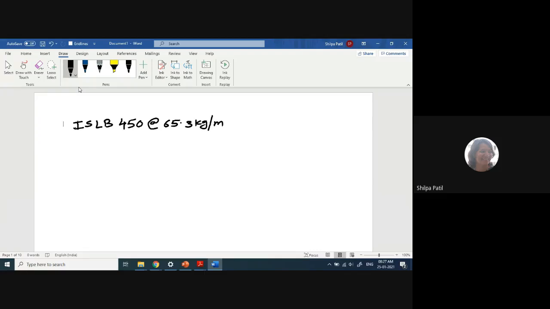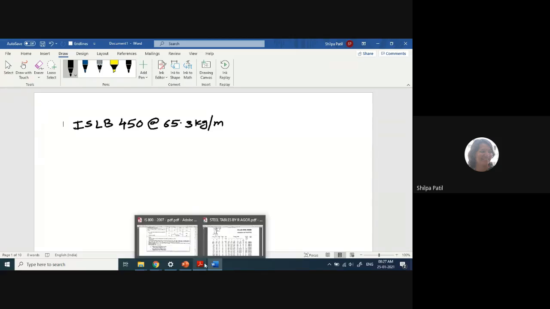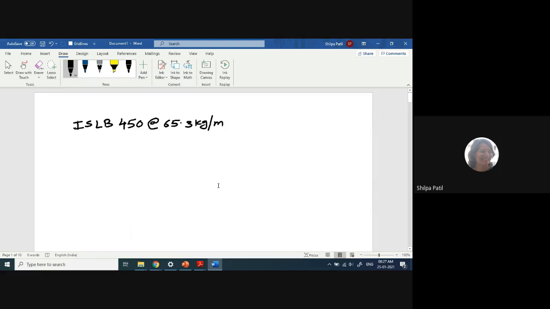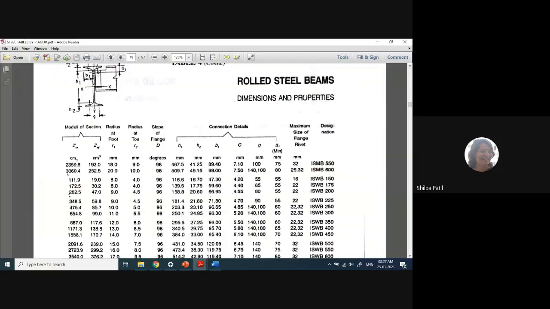Now this section you have to find out in steel table. I will open now the steel table, the copy which I got from the internet, the scanned copy. But as I have told, you have to refer or purchase the steel table written by Ramamrutham. I'm giving you the name of the author, Ramamrutham.